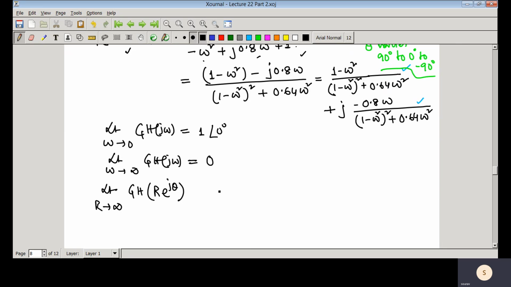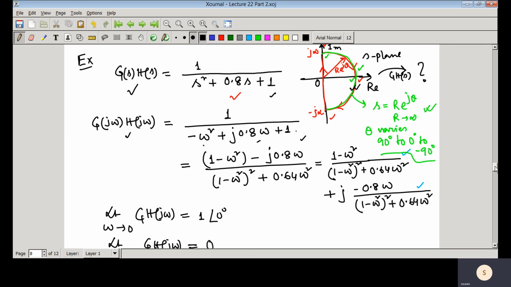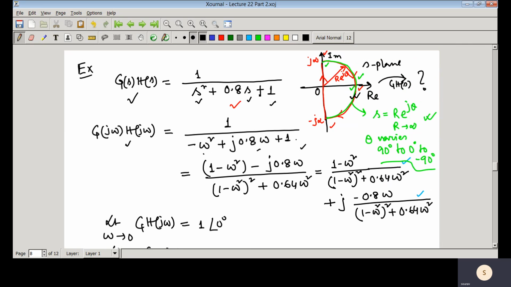If we replace that one, we will get r square e to the power j2 theta plus 0.8 r e to the power j theta plus 1. We are just replacing s equal to r e to the power j theta here and here.